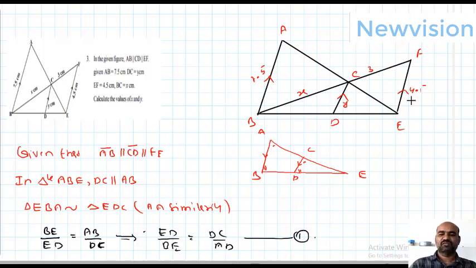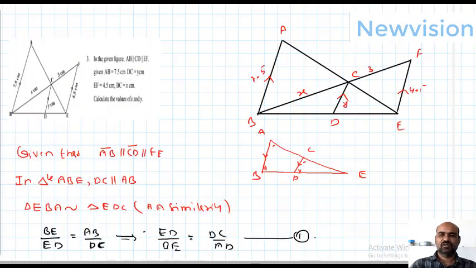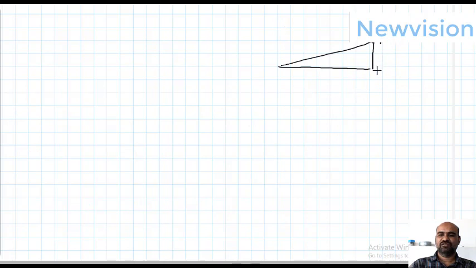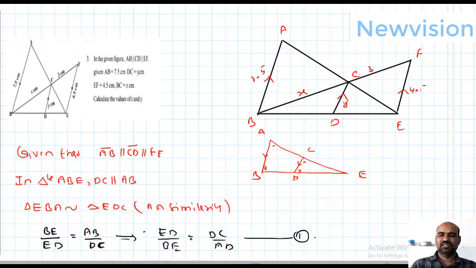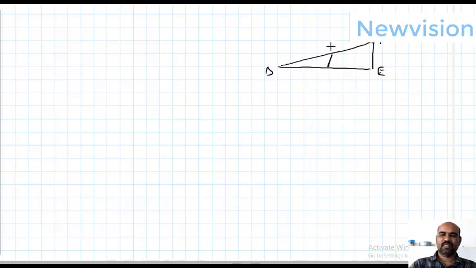Next I want to take the smaller one similar to the bigger one. I will show you in a separate diagram. So another triangle, this is FEB. Some line is parallel, what is that line? CD. That is y.